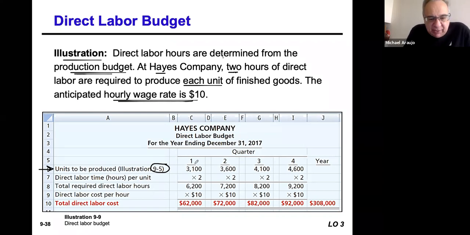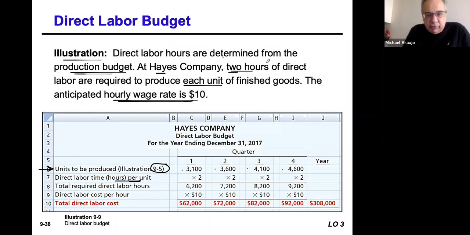And so we get this line of 3,100, 3,600, 4,100, and 4,600. Again, this is each quarter within the year. We get these numbers from the production budget. Then we multiply that by the number of hours that are needed per unit.